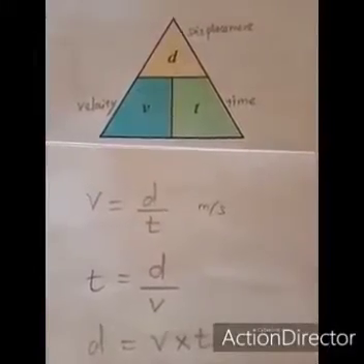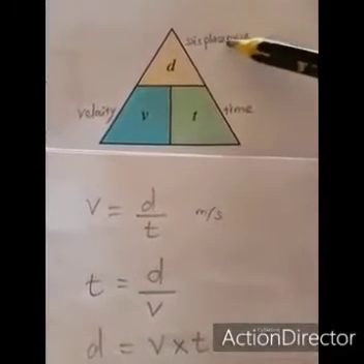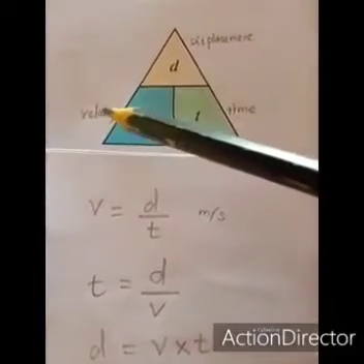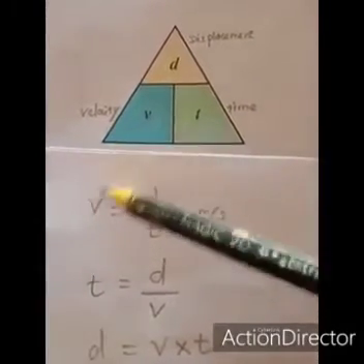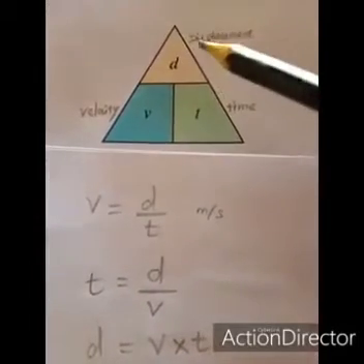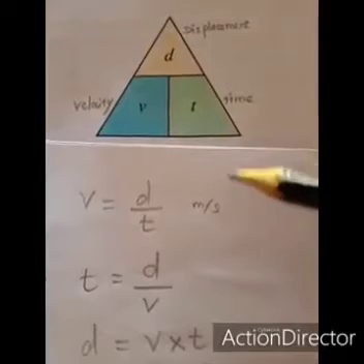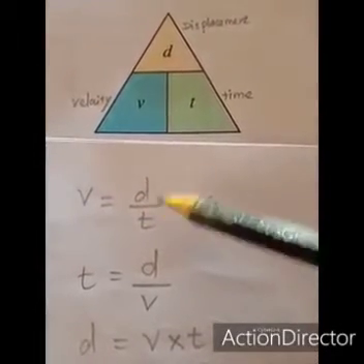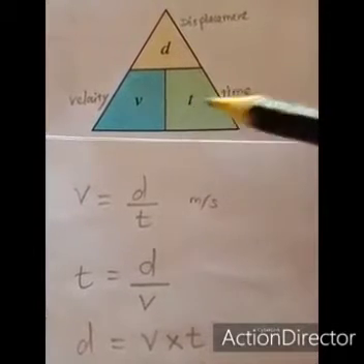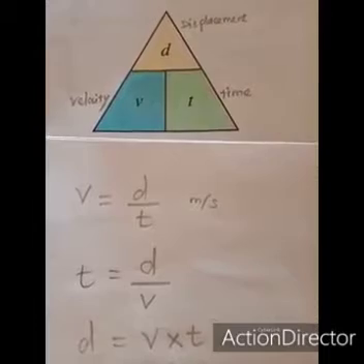The triangle method can help you to recall the relationship between displacement, velocity and time. Velocity v equal to displacement by time, that is d by t, which is expressed in the unit meter per second.